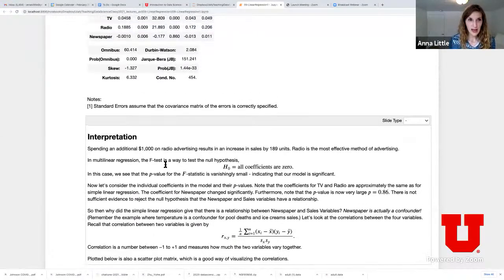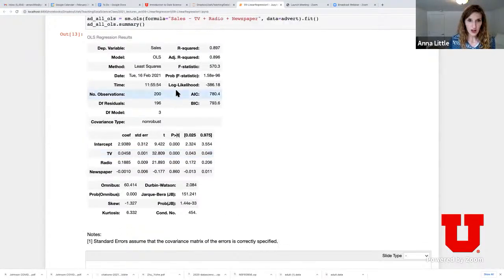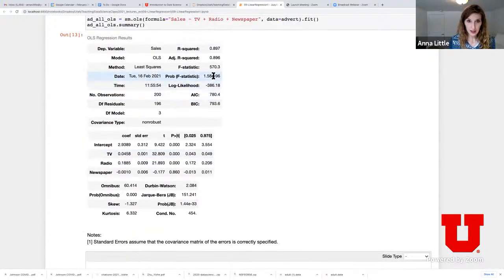Okay, and you may notice we have these individual p-values, which are telling us the significance test for whether the TV slope is 0, radio slope is 0, newspaper slope is 0, but then there's also another p-value up here that corresponds to this F statistic. This one is a joint hypothesis test where the null hypothesis is that all of those slopes are 0.